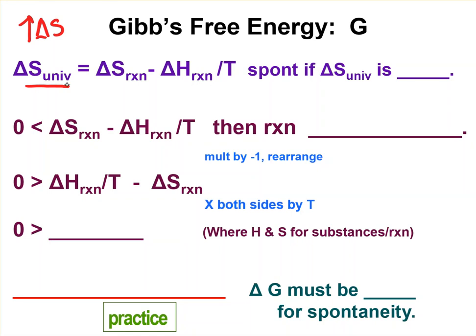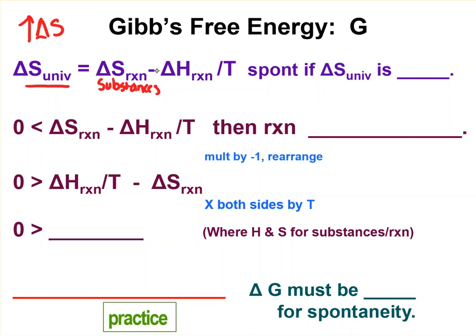So we have this equation that puts those two parts together. This first term is the change in entropy for the substances that are reacting. And the second term, it's misleading because it says heat of reaction.